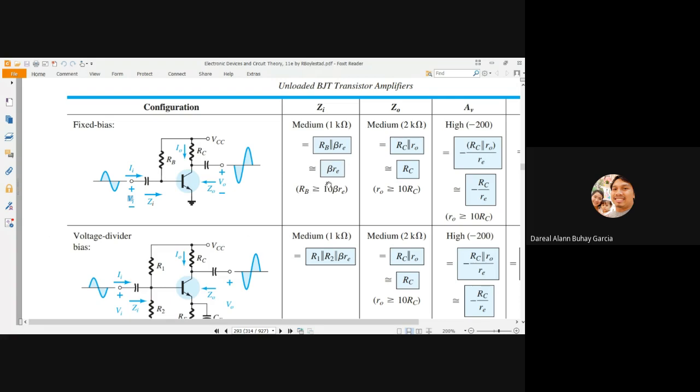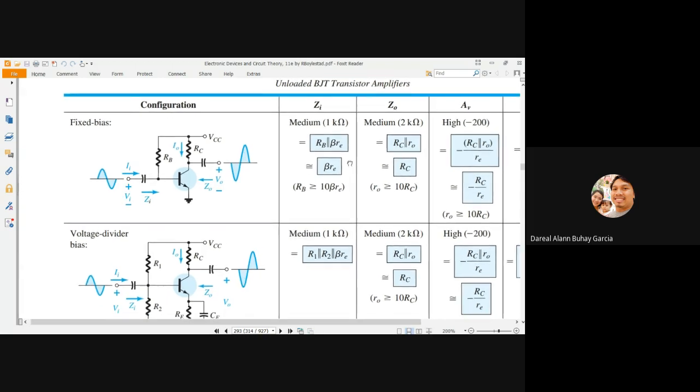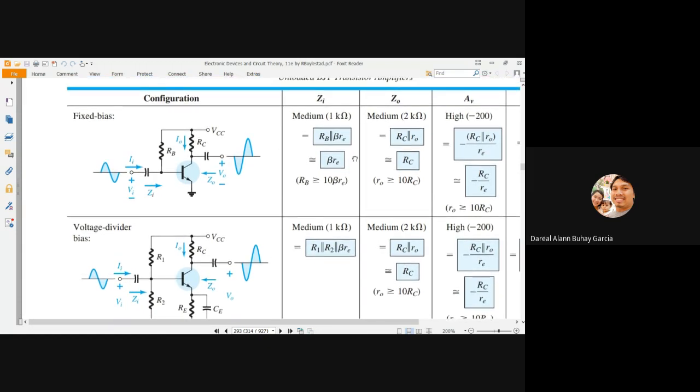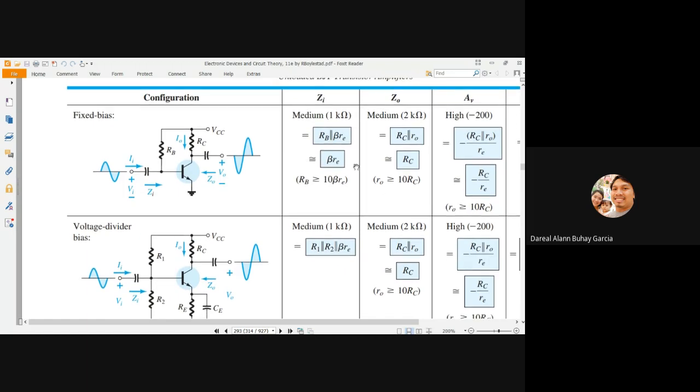So ZI is beta RE, or pwede ta mag-make og approximation if RB is 10 times greater than beta RE. If RO is 10 times greater than RC, we'll use ZO is equal to RC. Pero if kaya na bitaw, if makaya lang i-solve, then di na kayo siya bothering for us.